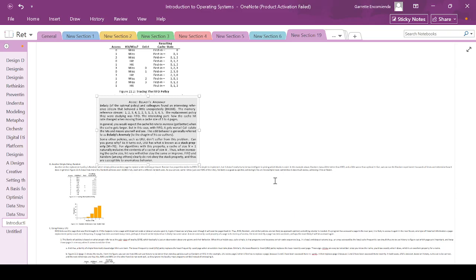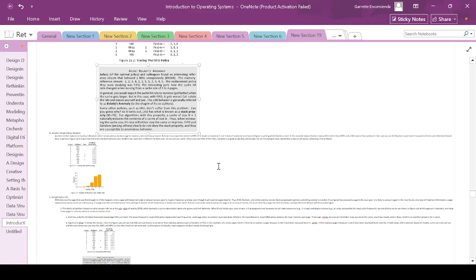But in this case, with FIFO, it gets worse. Calculate the hits and misses yourself and see. This odd behavior is generally referred to as Belady's anomaly, to the chagrin of his co-authors. Some other policies, such as LRU, don't suffer from this problem.